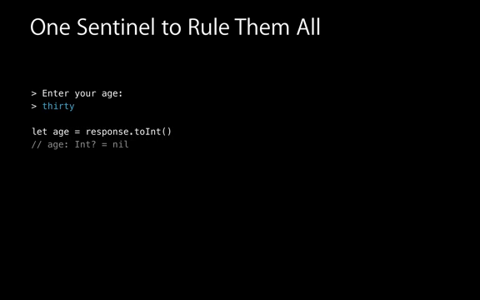Now that we have a single sentinel value that works with any type at all, even integers, it's clear what this method should return. Whenever we have a value that's not valid, we should just return an optional. And in fact, the toInt method is defined in the standard library on the string type, and it does just that. It returns nil.